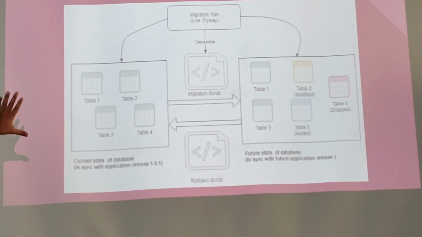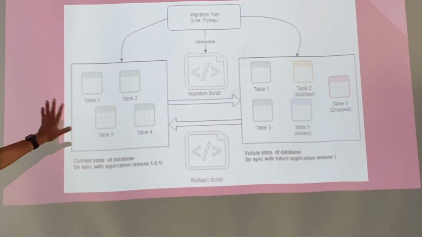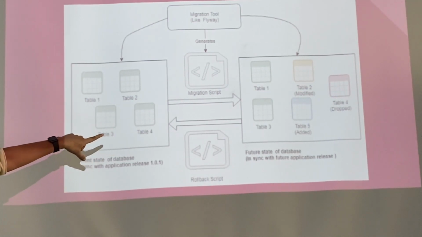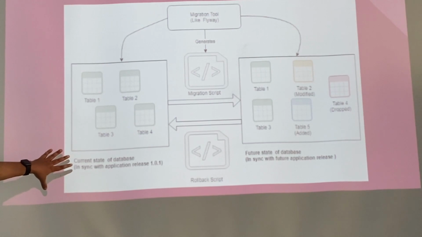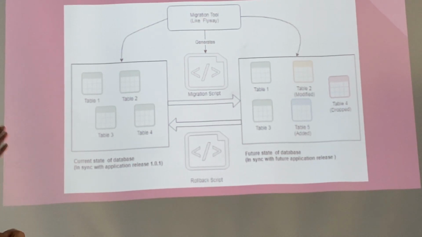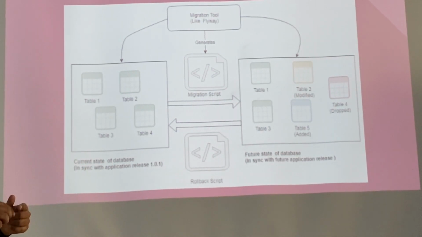So let's say this is the initial state. Apparently I'm not able to see the color correctly, but all these are green. This is my current state: table 1, 2, 3, 4. So this is the current state of that database. Now we get a requirement where they say remove table number 4, modify table number 2, and add a table number 5.